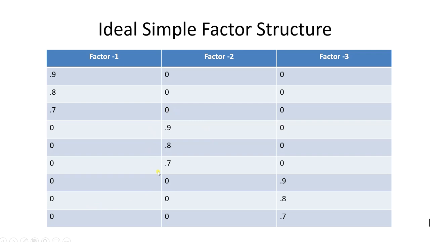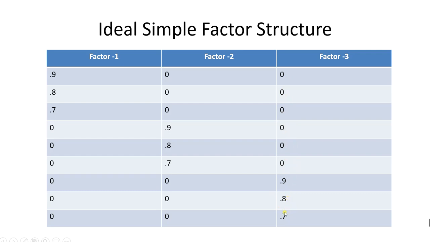Similarly, when you see the next three variables, they have high loading on the second factor, but the other variables have zero loading. And these three variables also have zero loading on the other two factors. And the last three variables have high loading on the third factor, and all the remaining six variables have zero loading on this.